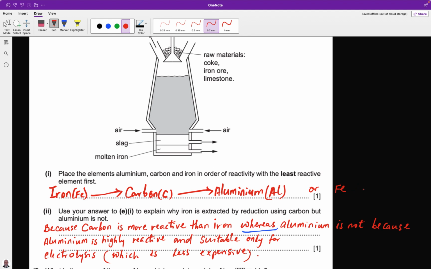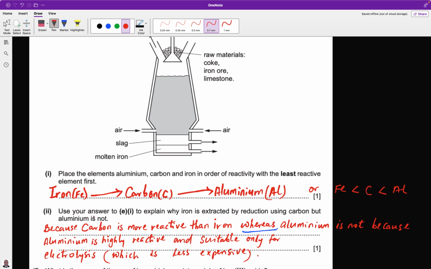I say iron is less than carbon, and carbon is less than aluminum. So you can say aluminum is greater than carbon, and carbon is greater than iron. You can put it in that form.